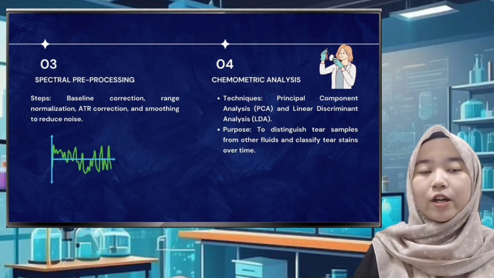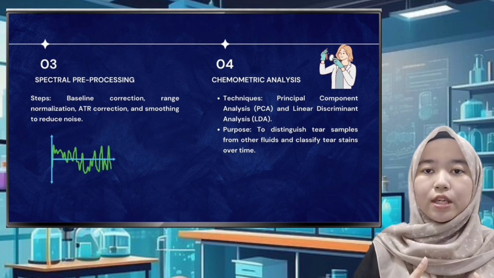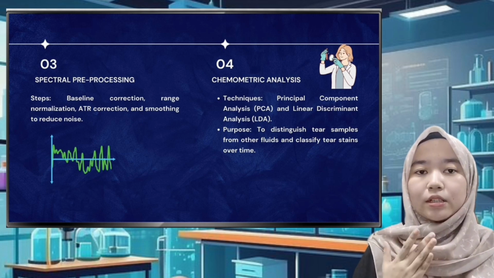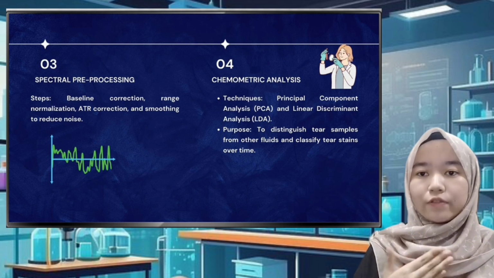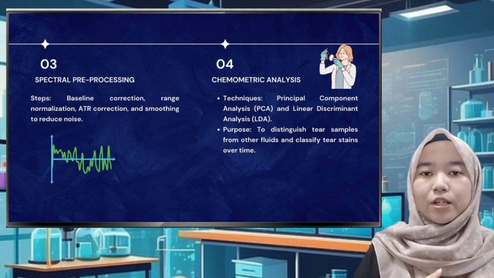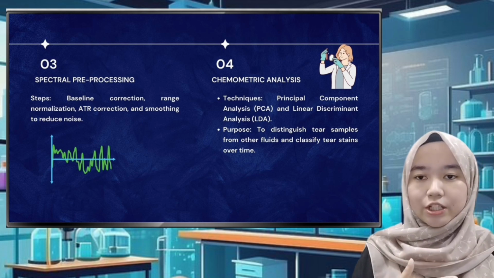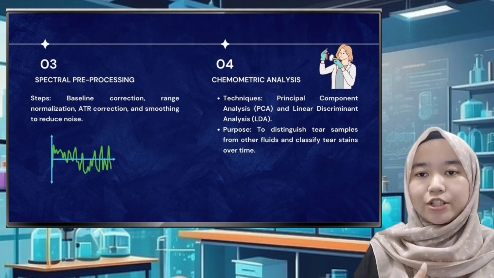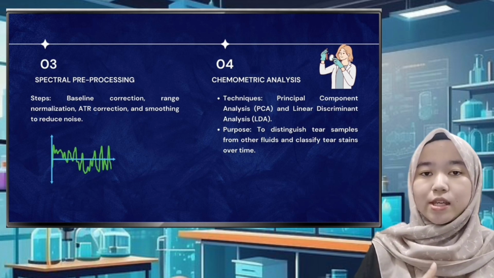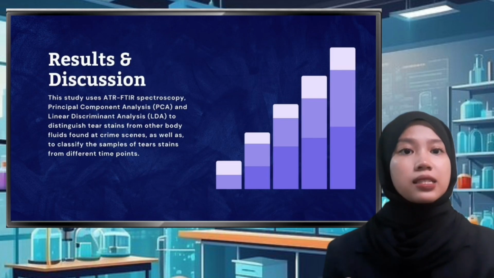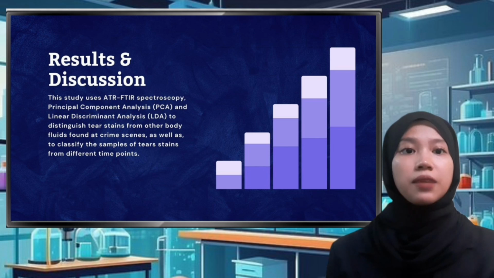LDA further classified the tear stains based on the spectral characteristics at different time points, enabling the determination of the age of the stains. This chemometric approach provides a robust framework for the detection, discrimination, and aging of human tear stains using ATR-FTIR spectroscopy. Next, let's discuss the results obtained by this study.